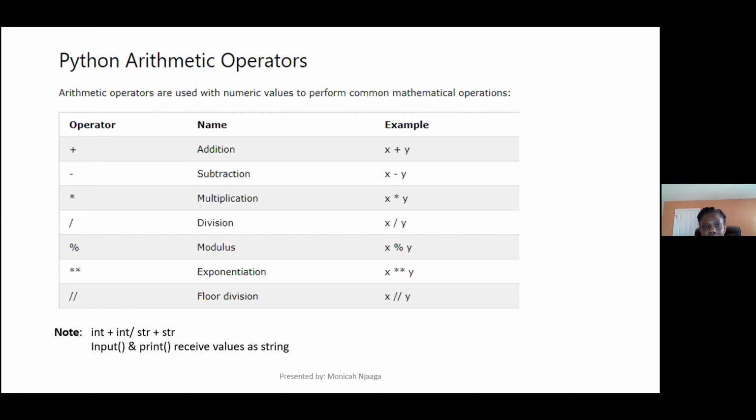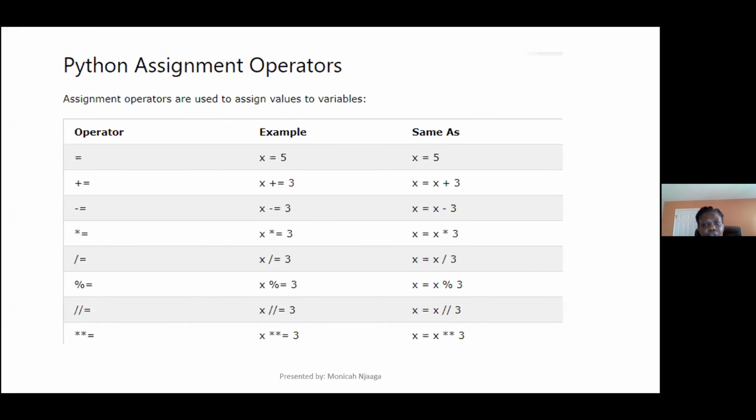The next type of operators are assignment operators. And what do these do? They're used to assign values to variables. Which ones are these? We have the equal sign, which we already used when we declared the name variable and submitted our first assignment.